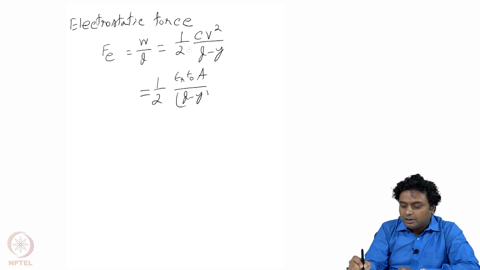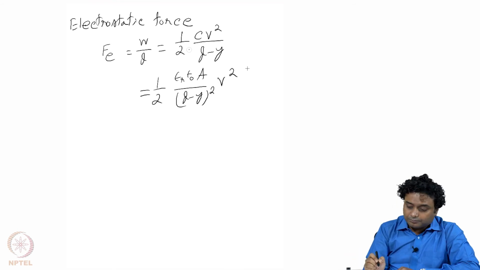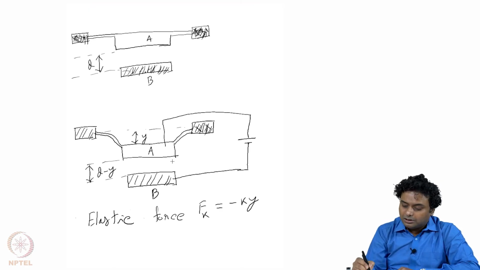So, d minus y comes from the capacitance also, so it becomes d minus y whole square into V square, right. Now, the electrostatic force is acting downward, it is pulling this A plate, whereas the stiffness or elastic force is pulling it upward.